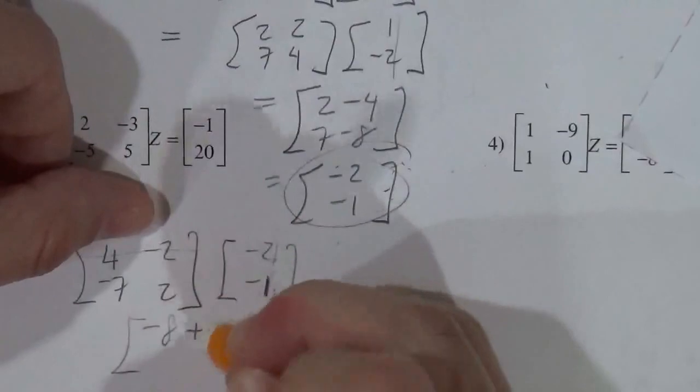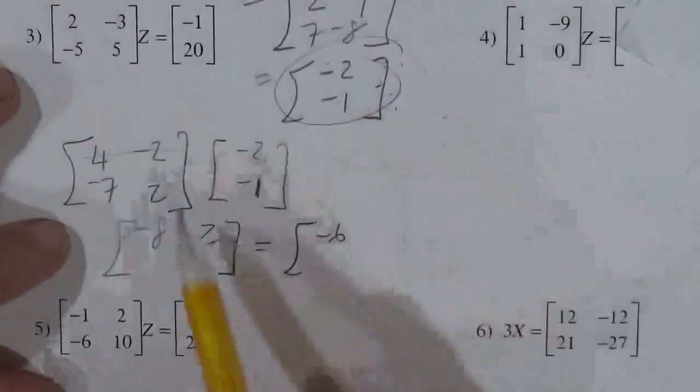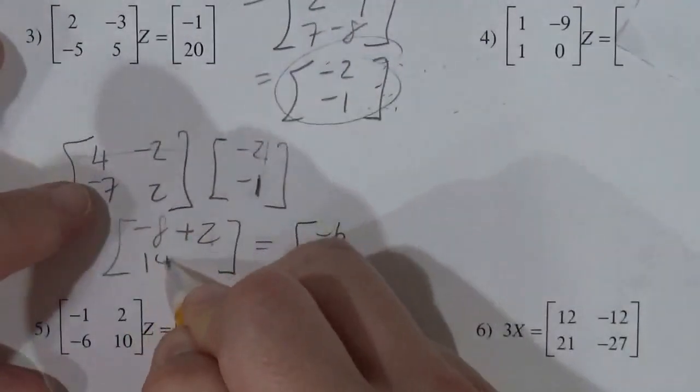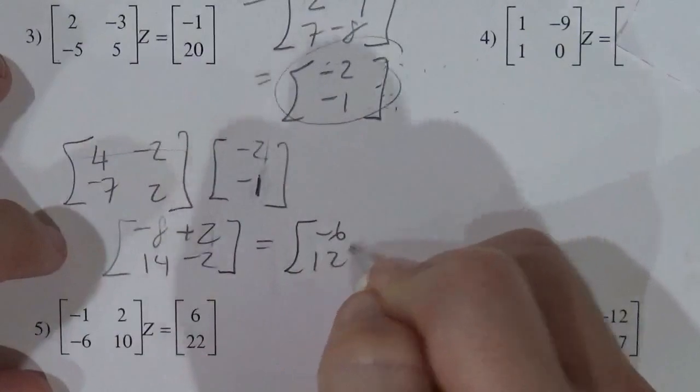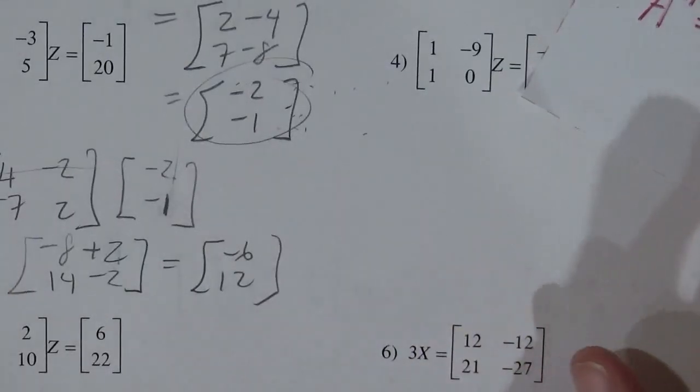Negative 4 plus 2, and that does give me the negative 6 that they have there. And then I do 14 minus 2, and that does give me the 12. So amazing, we did it. And we will do it again.